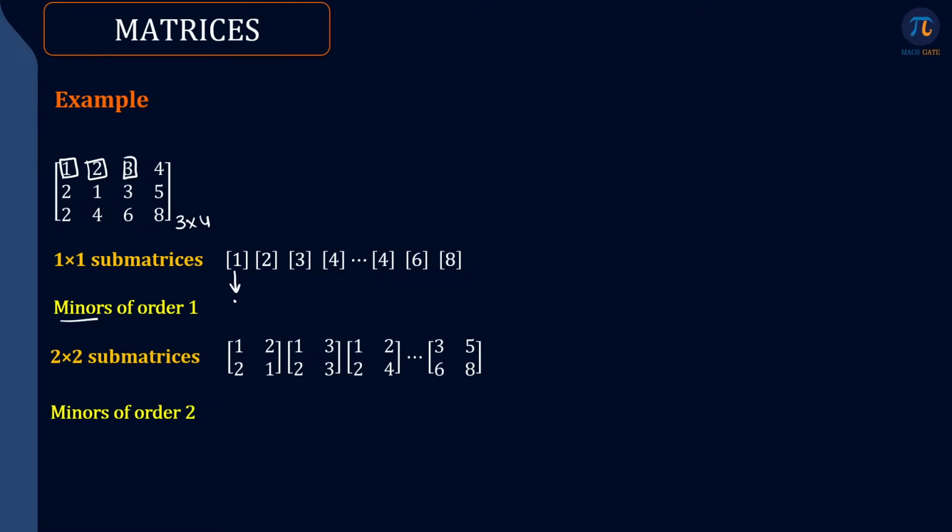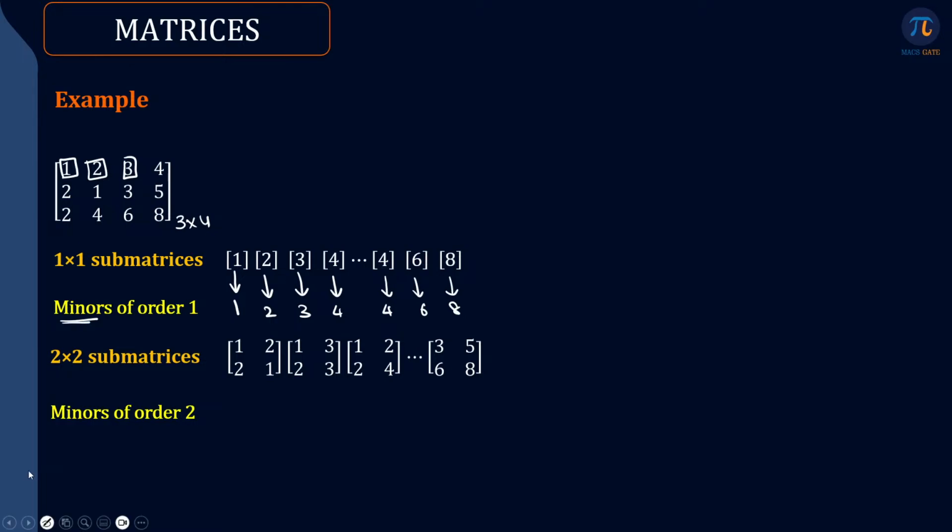So what is the determinant of this? 1. It is one of the minors of order 1. The determinant of this is 2, that is also one of the minors of order 1. The determinant of 3 is 3, the determinant of 4 is 4, like that. For every element we can find a determinant, and all these determinants are called minors of order 1.